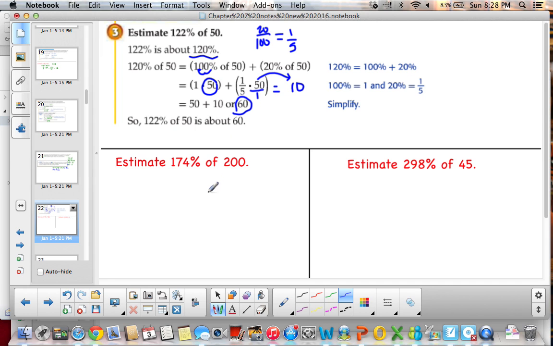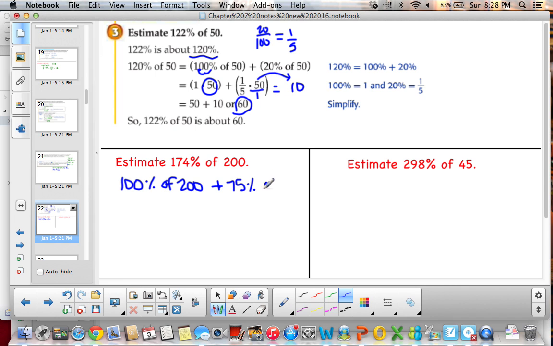So 174% of 200. So we can do the exact same way. We can go 100% of 200 plus 74% is really close to 75%.